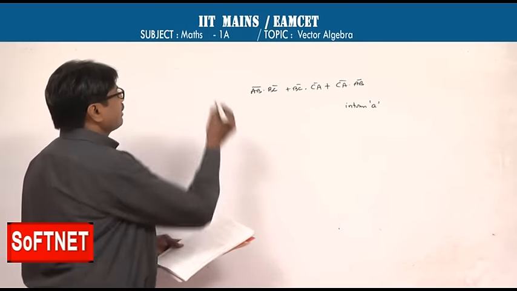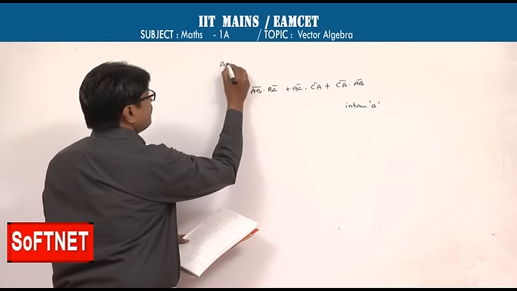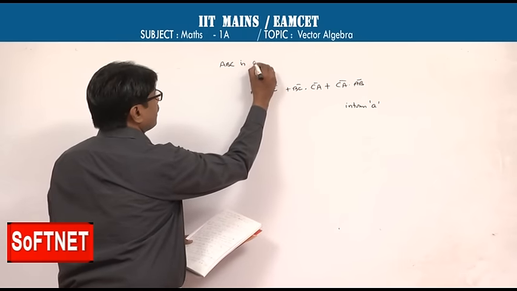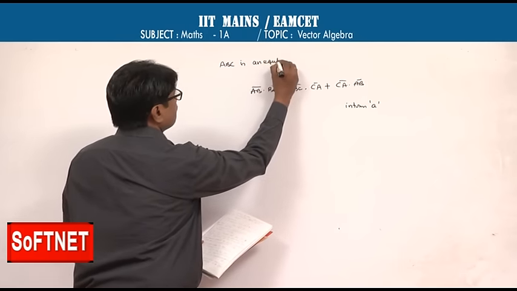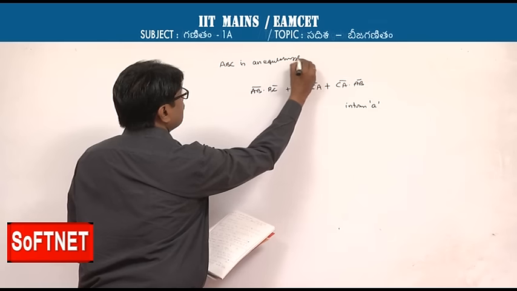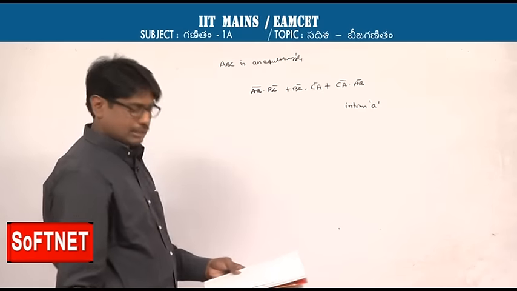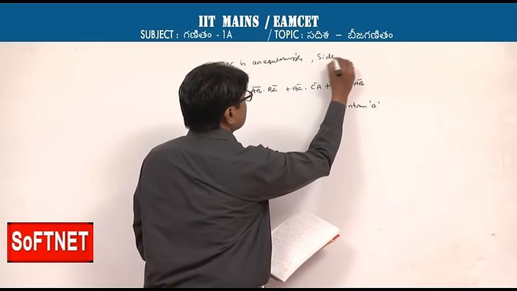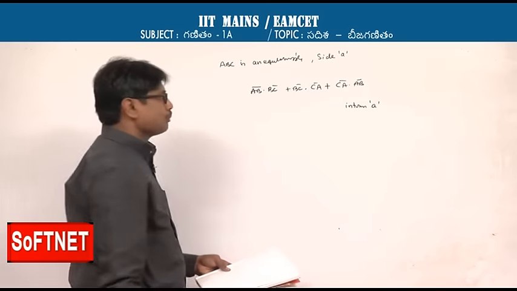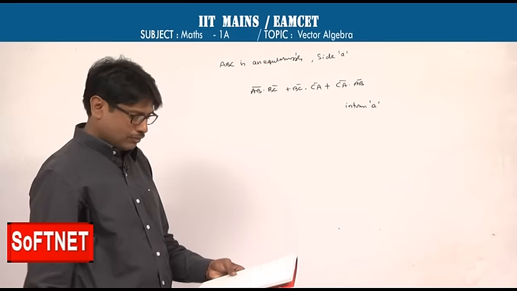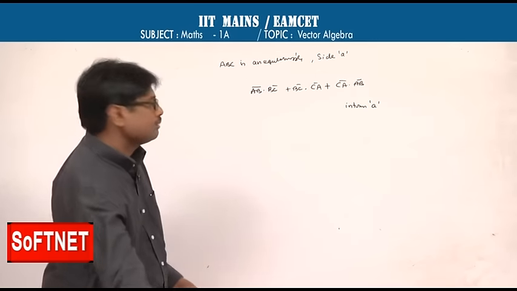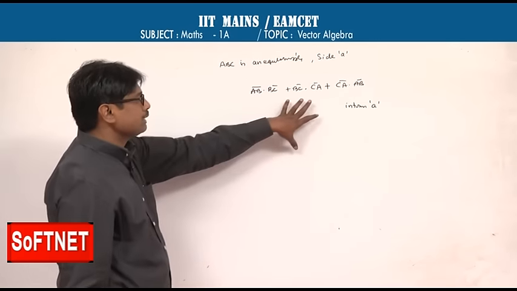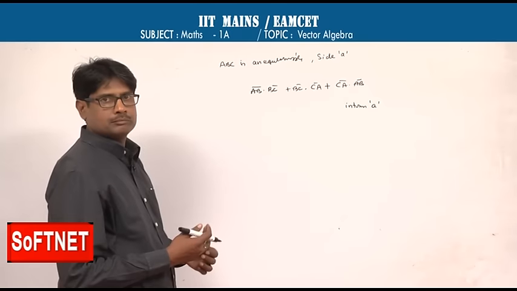ABC is an equilateral triangle and the side is a. Then you are supposed to calculate the value of AB bar dot BC bar, BC bar dot CA bar, CA bar dot AB bar.